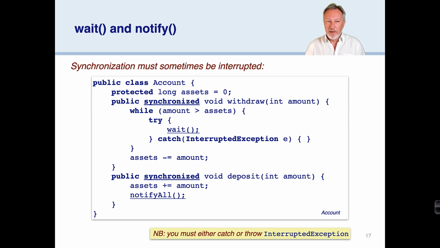So here's an example of an account object. The account object has two public methods, deposit and withdraw, and we would like this to be treated as a monitor. By default, objects can be monitors, but are not necessarily monitors. If you don't put any critical sections in your class, then you get no monitor behavior.